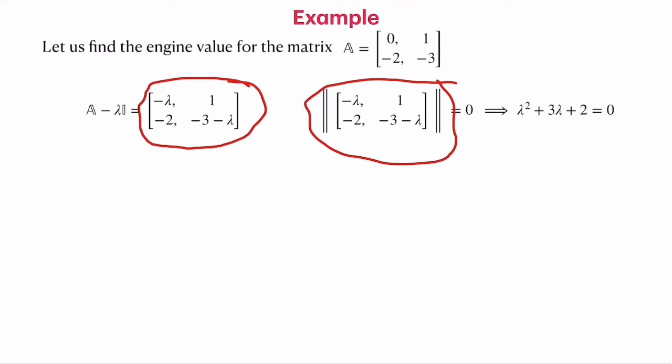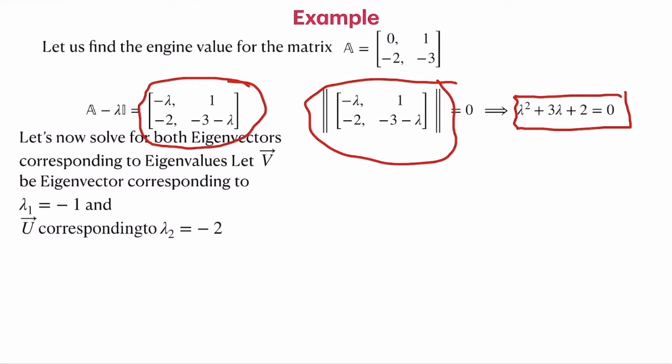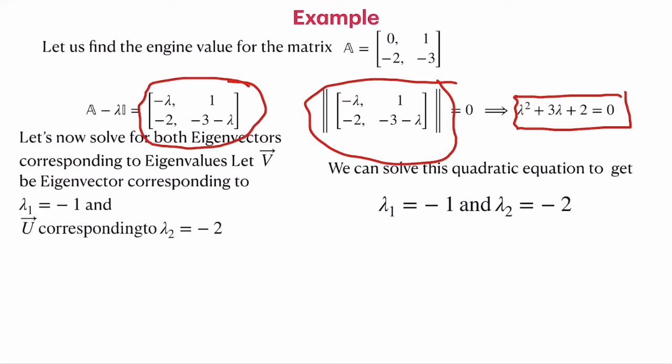We set the determinant of this to 0 to get the characteristic equation. Since it is a 2-dimensional space, we get a quadratic equation for lambda, and we get 2 eigenvalues. We know exactly how to solve the quadratic equation, and we have the eigenvalues: lambda 1 is equal to minus 1, and lambda 2 is equal to minus 2. It is trivial to solve this.